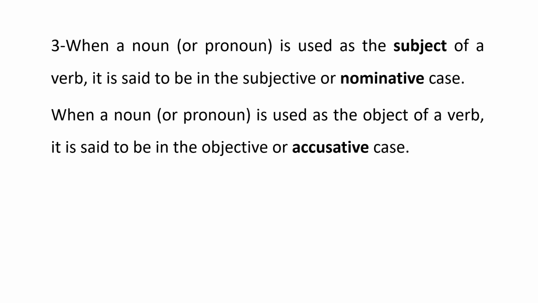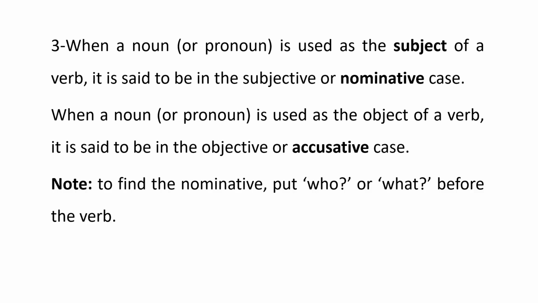Who kicked the boy? The horse. So it is the subject. Whom did it kick? The boy. So it is the object. So the object of a verb is always said to be in the accusative case. Remember, the subject is always in the nominative or subjective case.